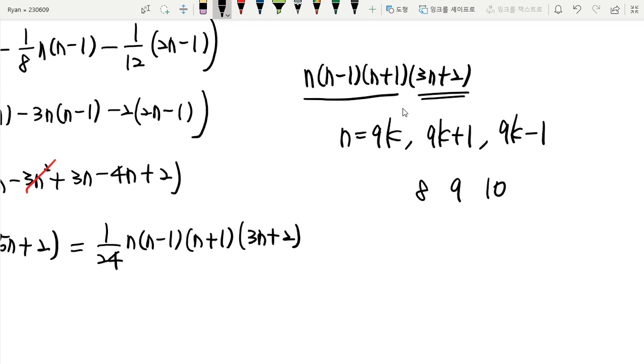And when k is 2, what are the three triples when k is 2? Can you find the values of n when k is 2? And when k is 3?